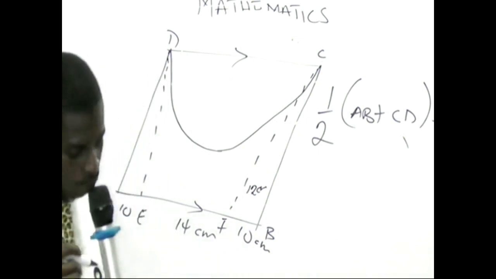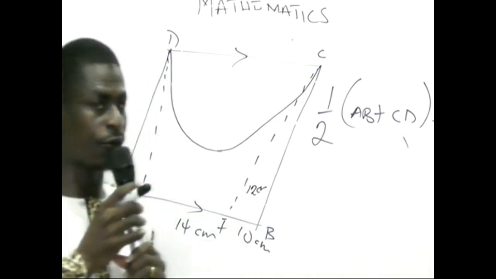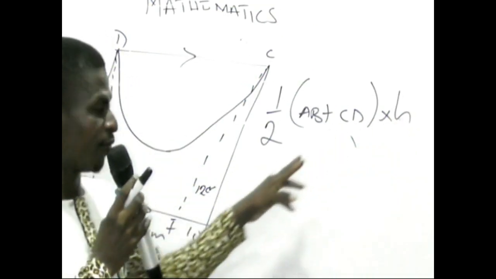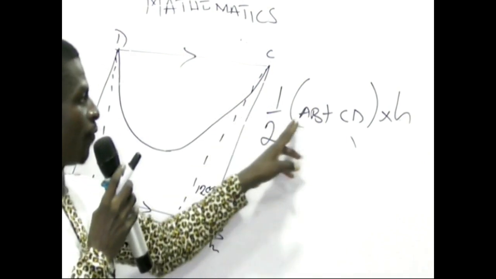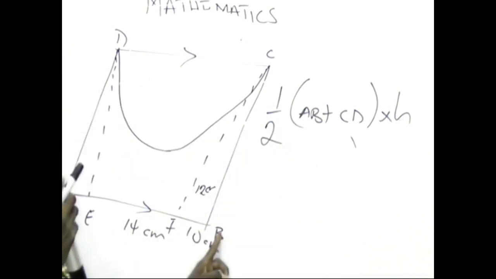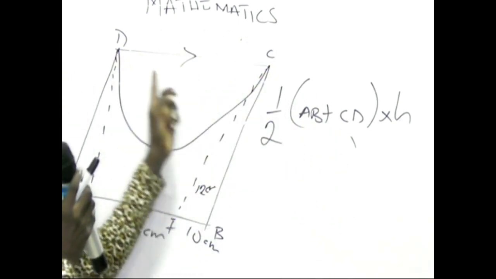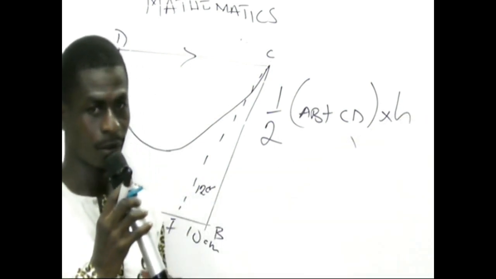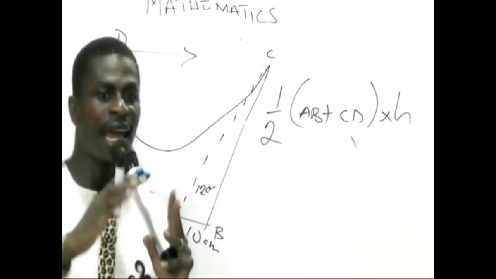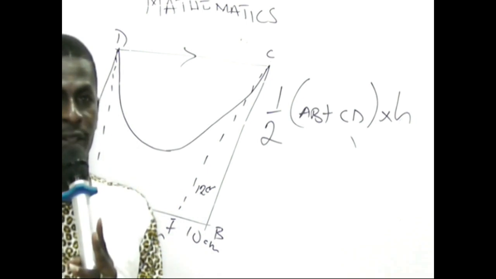So to calculate the area of a trapezium, we have half of AB, which is the first parallel side, plus CD, which is the second parallel side, times the height. That is what gives you the area of the full trapezium.